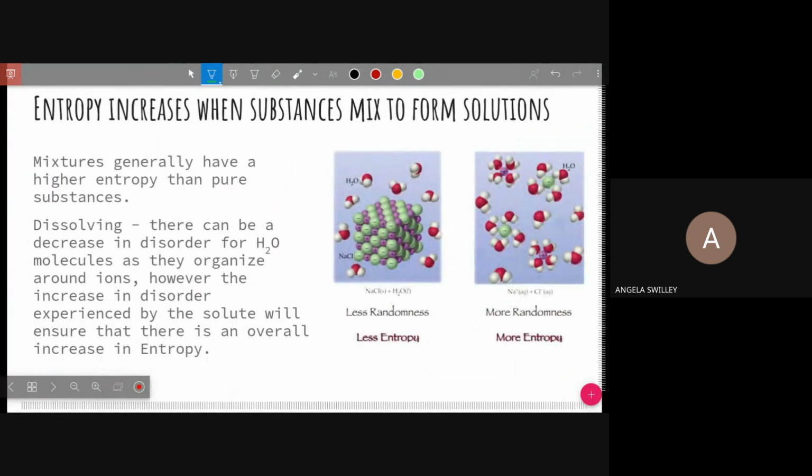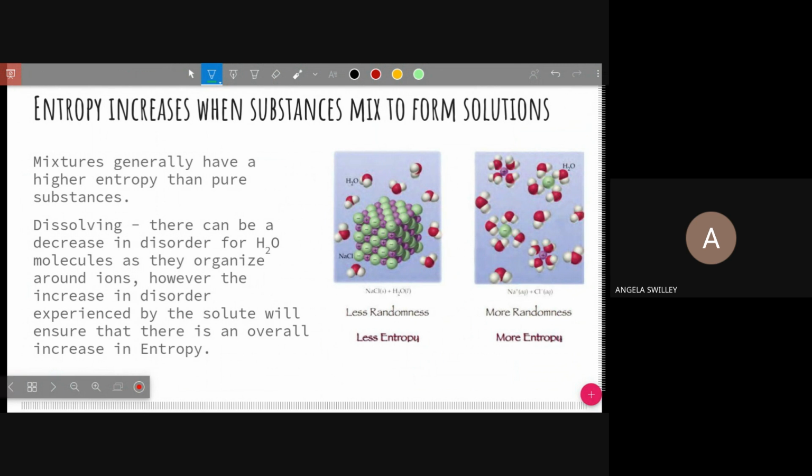Entropy increases when substances mix to form solutions. If we learned 7.14 before this lesson, then you have already talked about this. Mixtures generally have higher entropy than pure substances. Before a solute is dissolved into a solvent, before they're mixed together, we have a lower entropy.